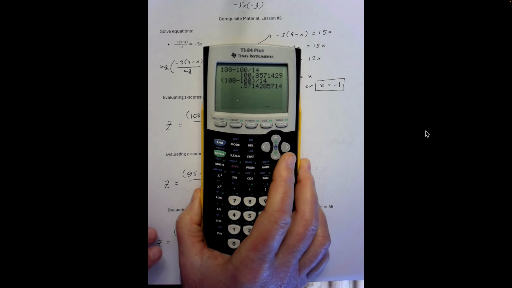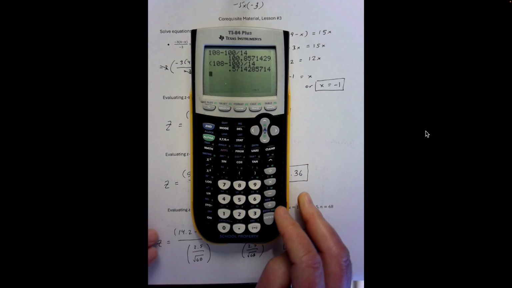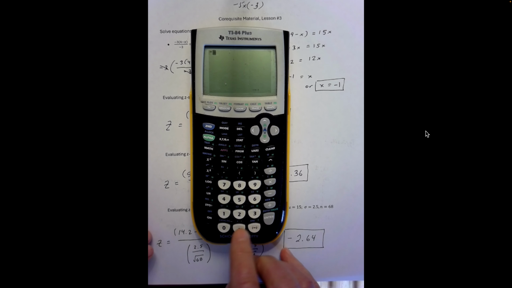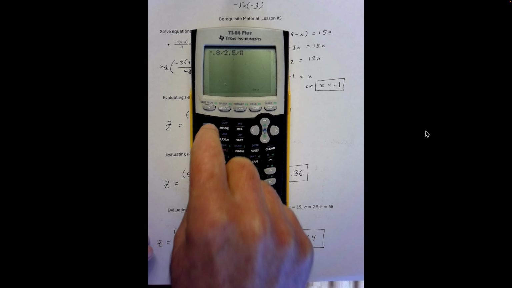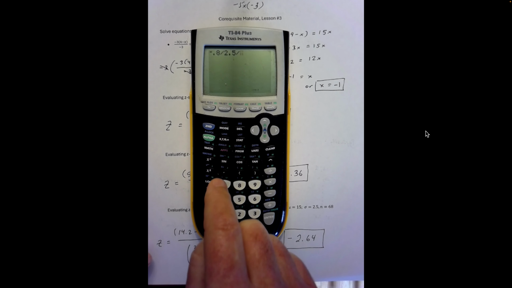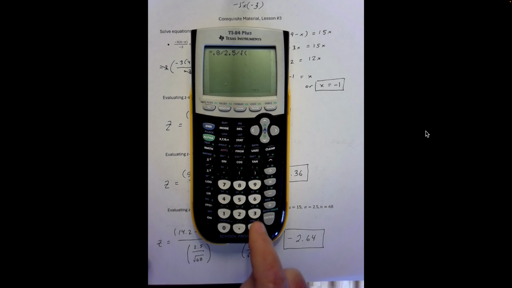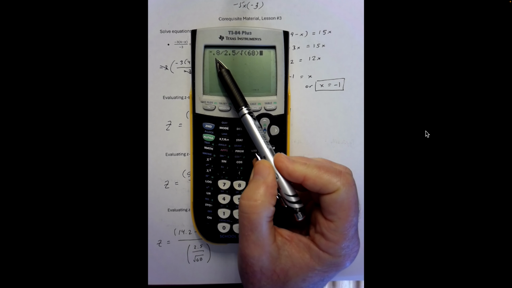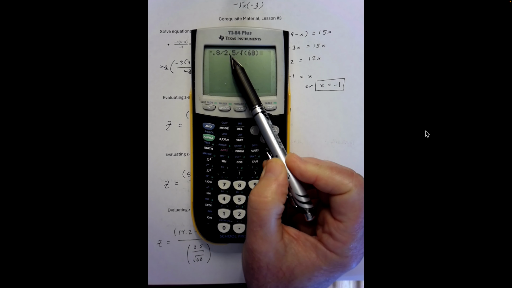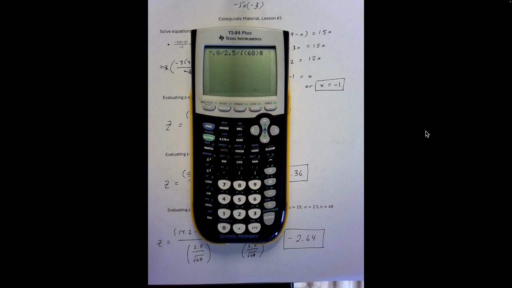And then we need to divide by this quantity. Now, what I see students do sometimes is they get sloppy here, and they put negative 0.8 divided by 2.5 divided by the square root of 68. This is wrong, because the calculator is going to read from left to right, take negative 0.8 divided by 2.5, make that calculation, and then divide by the square root of 68. That's not what we want.